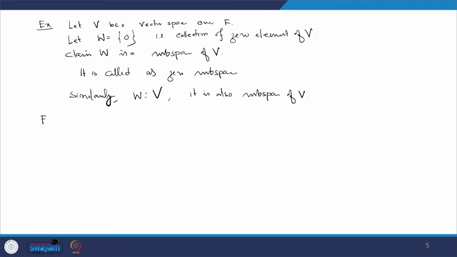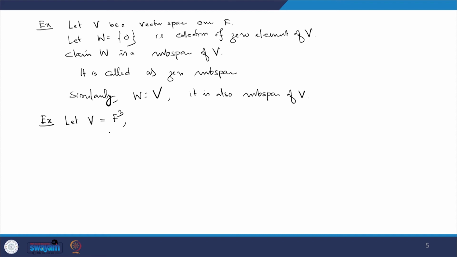Now, let me take another example please. Let V equal the collection of all 3-tuples, so this is F^3, where F may be a real number or a complex number.